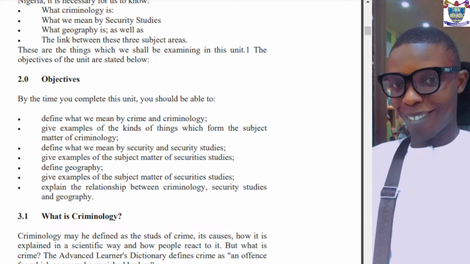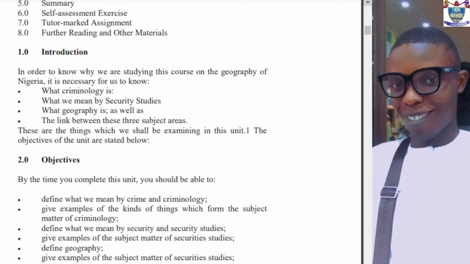Now, introduction. In order to know why we are studying this course on the geography of Nigeria, it is necessary for us to know what criminology is, what we mean by security studies, what geography is, as well as the link between the three subject areas.